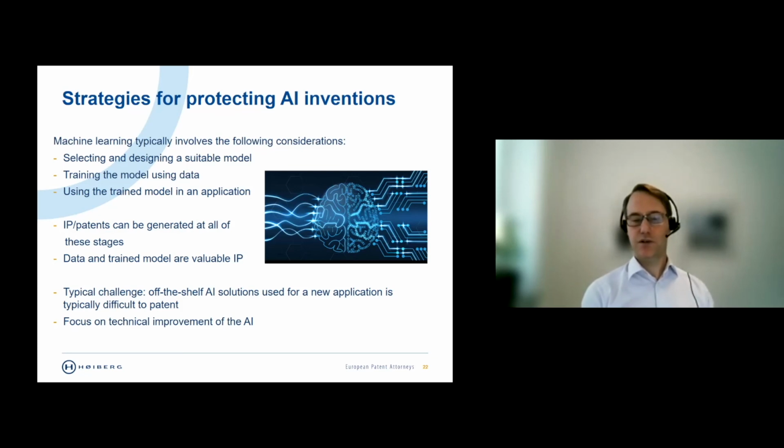I think usually we need some more inventiveness, in the sense that there's usually a problem, for example, that you don't have enough data. How can you be more clever when you generate data? Can you use the data more efficiently when you train the model? That's something we see very frequently in that field.